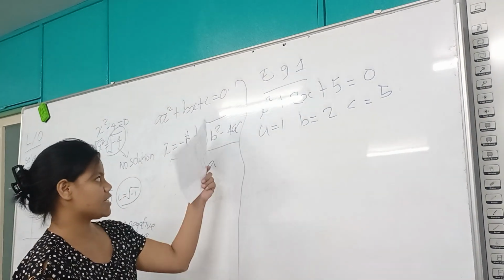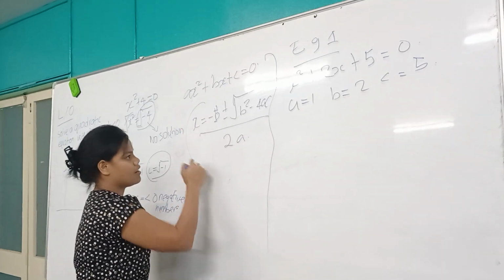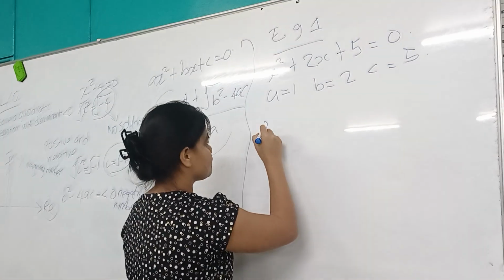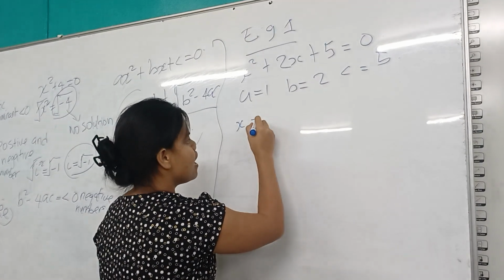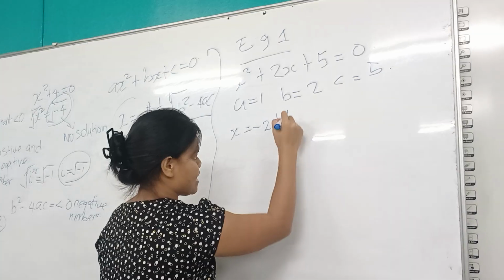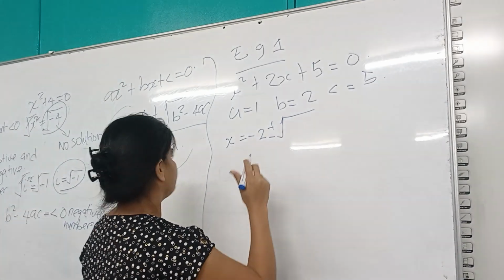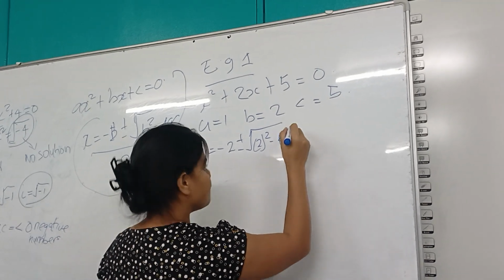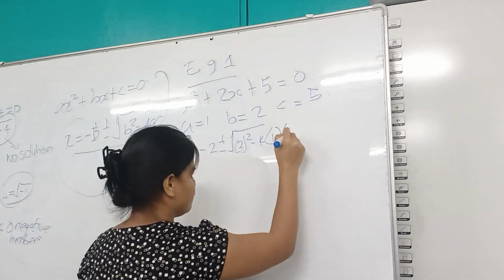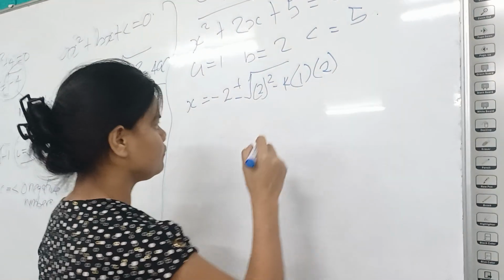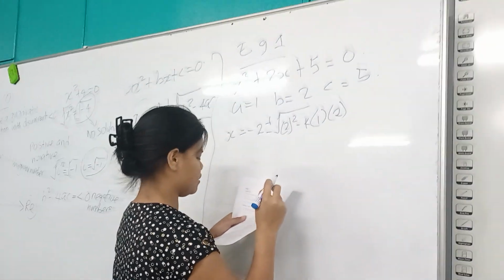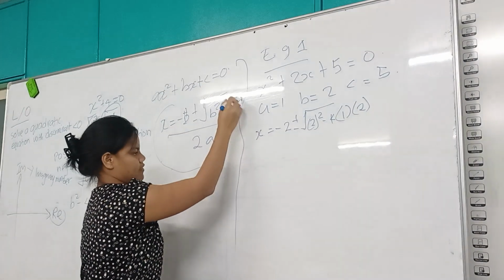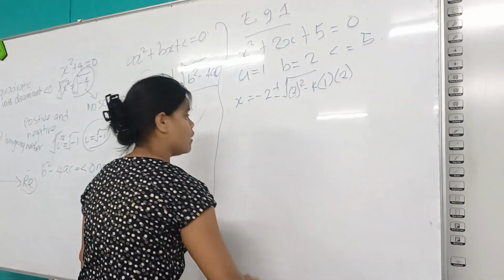Then we can substitute into the formula. So x equals negative 2 plus or minus root of 2 squared minus 4 times 1 times 5, sorry, because this one is c, 5.